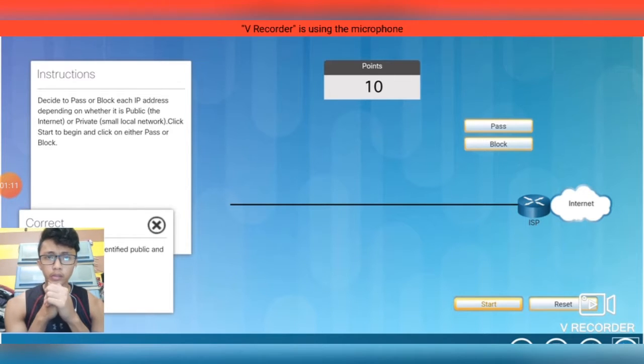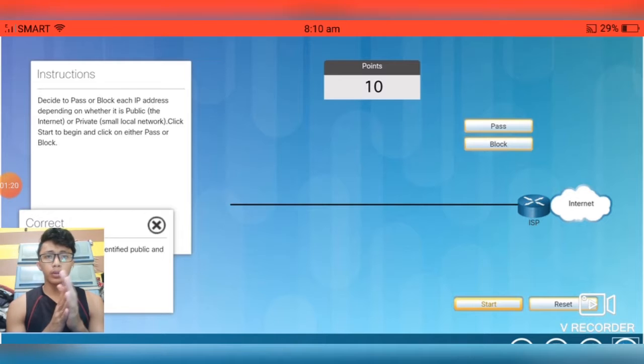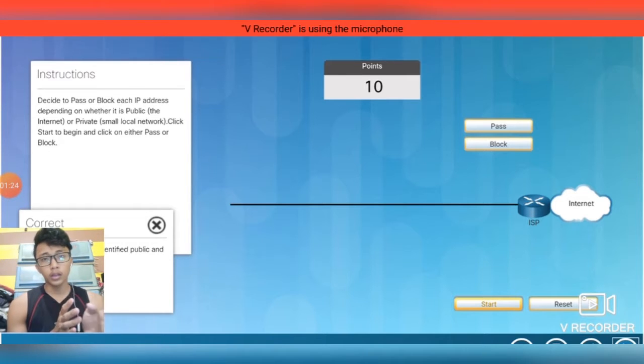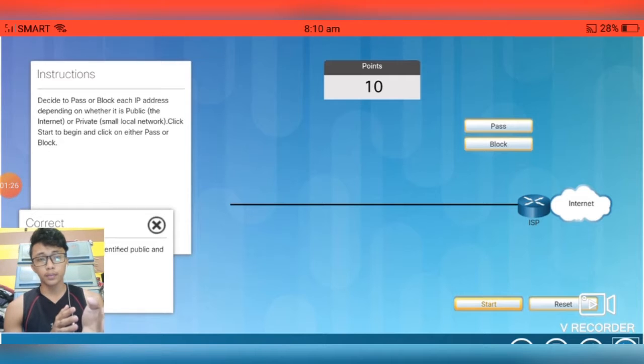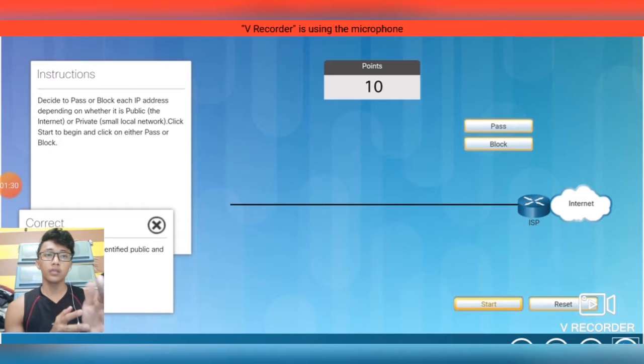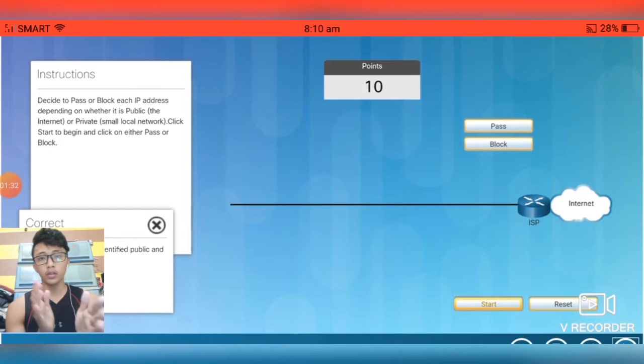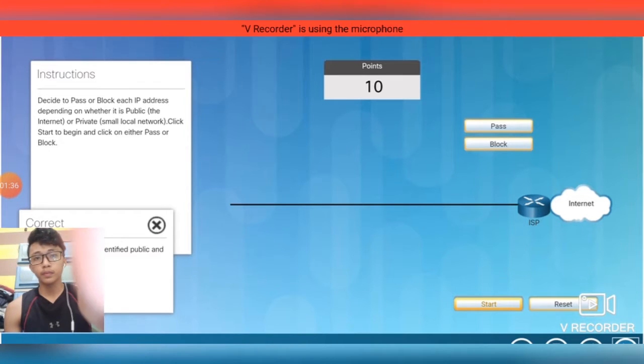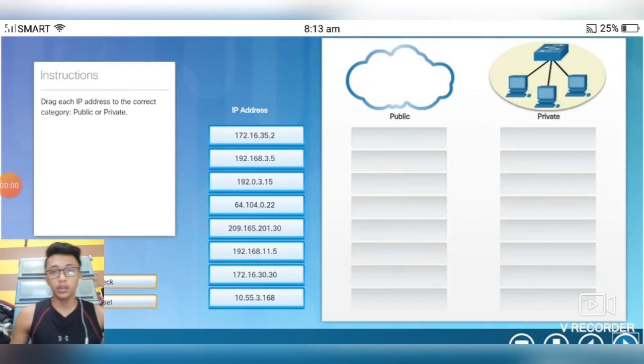This is a very easy activity, but I can explain the whole activity because to identify what is public and private, the game is so fast and the game is giving IP addresses very fast. There's a limited time. So overall, we successfully answered this activity.